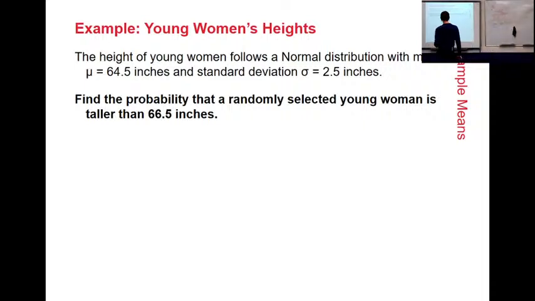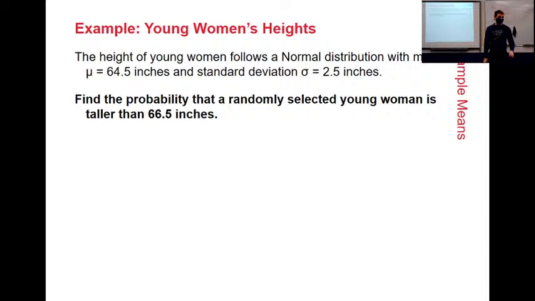If we're just talking about a randomly selected person, then here's the distribution of picking a single person. The height of young women follows a normal distribution. So that means here's our mean, here's our standard deviation, and we can jump right to z-scores and normal CDF.